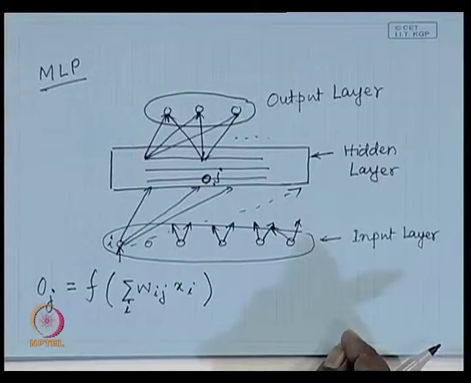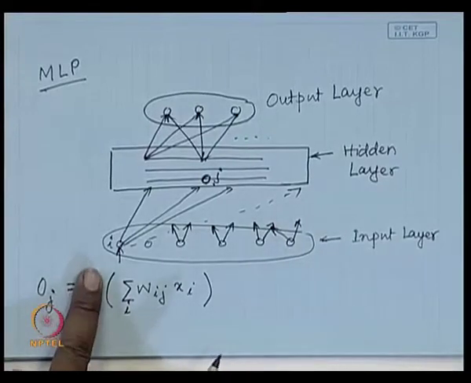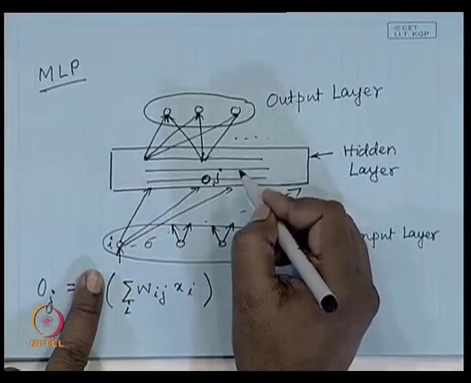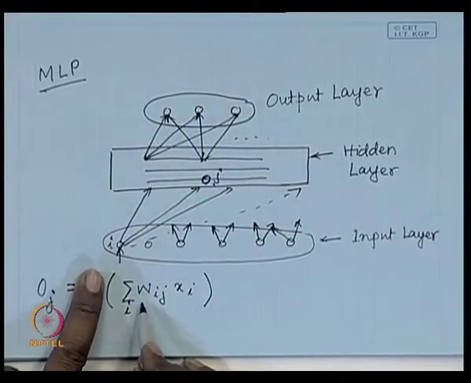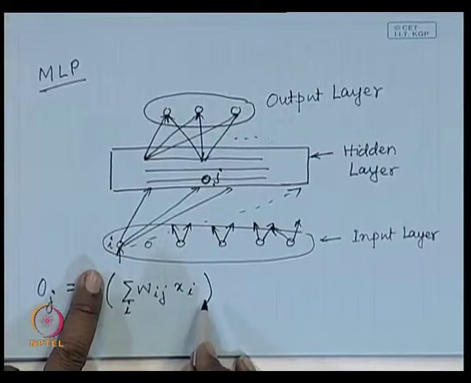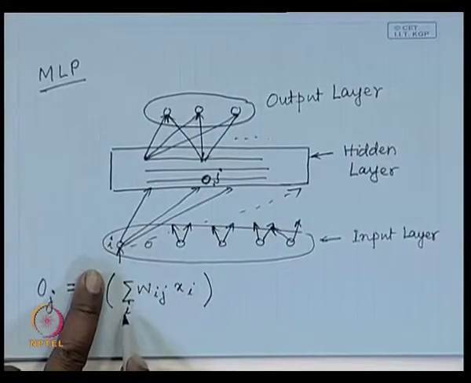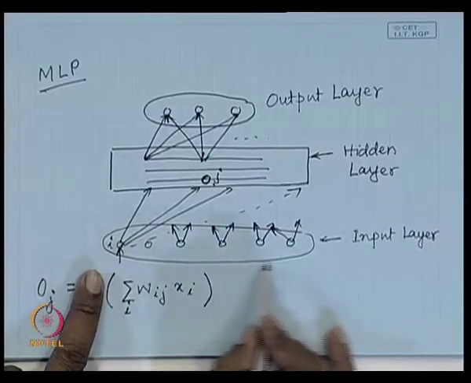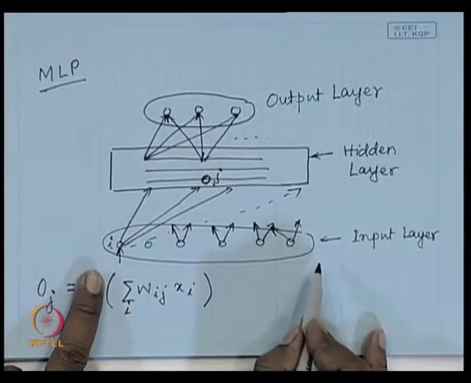Now, if I forget about this nonlinearity, what is the output of the jth node O_j? That is nothing but the summation over all i of W_ij times x_i, and you find that it is nothing but a linear equation. It is a linear combination of all these inputs x_i.